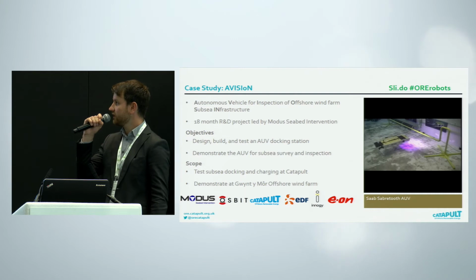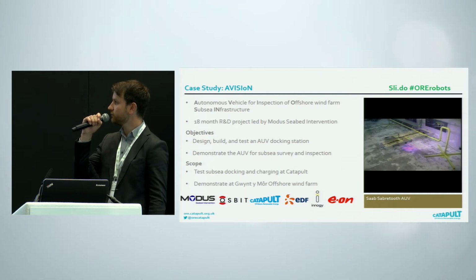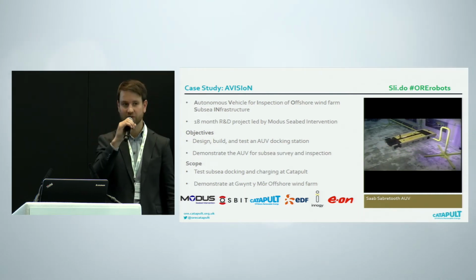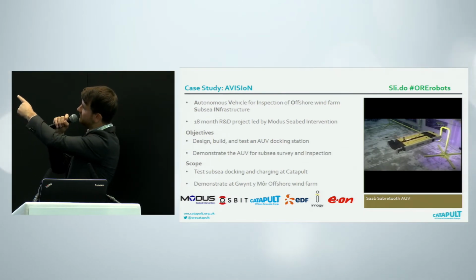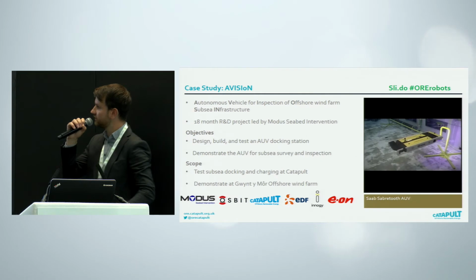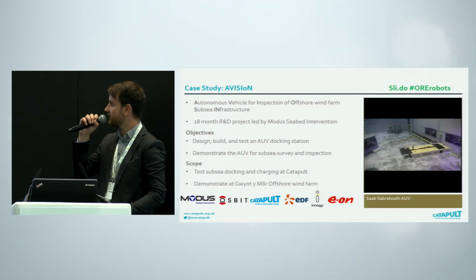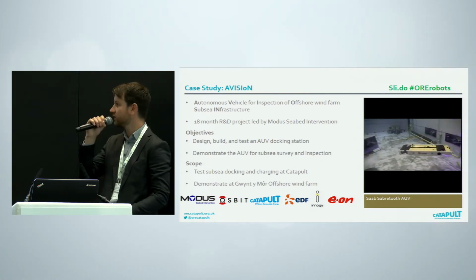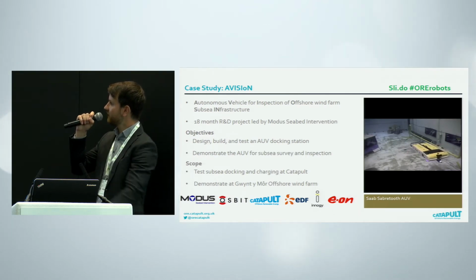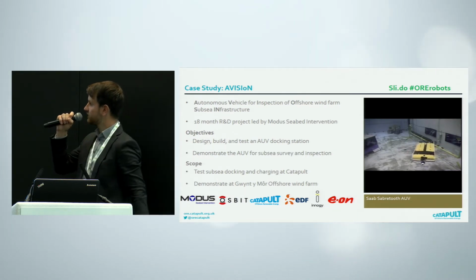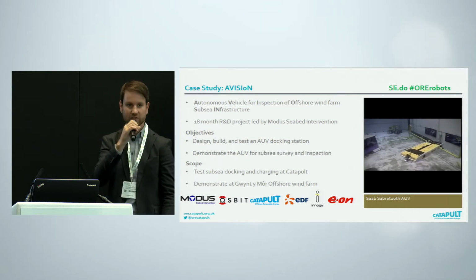So we joined up with them some time ago and decided to create a project to demonstrate this for offshore wind. So this video is the system actually being tested in one of NASA's zero buoyancy tanks. So that's not an animation, that's actual real life footage showing the vehicle autonomously inspecting that juniper section there, and it's about to autonomously switch on a valve.